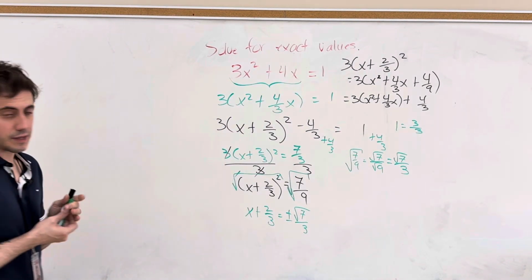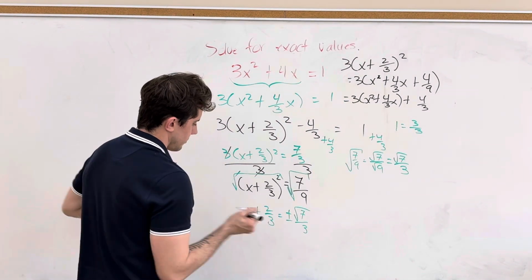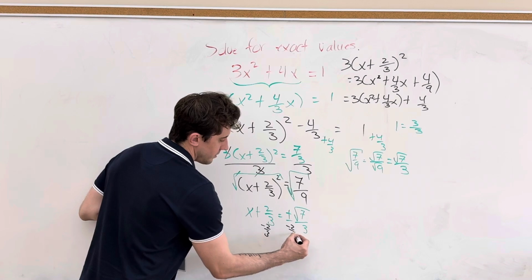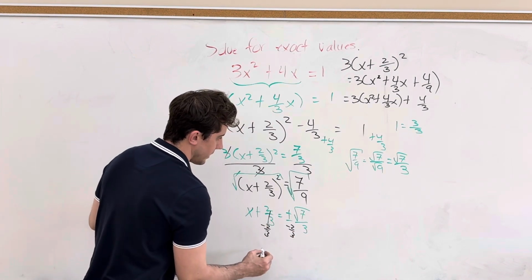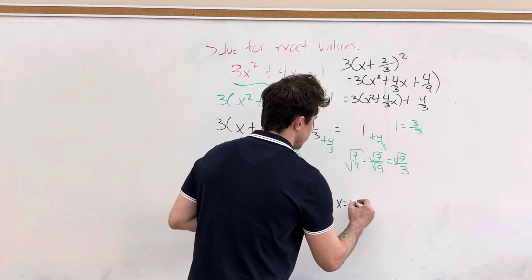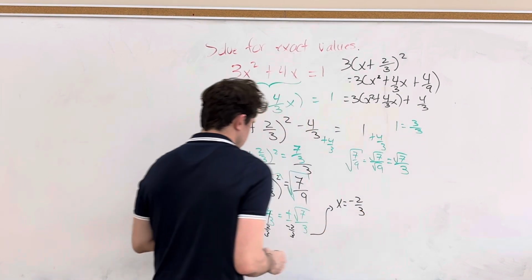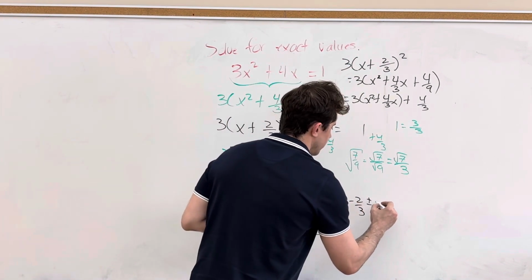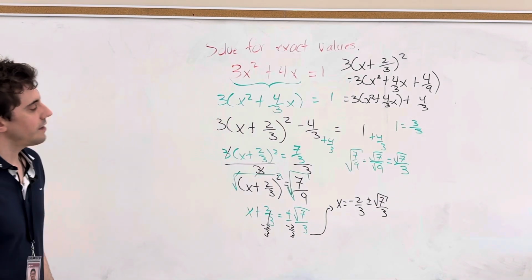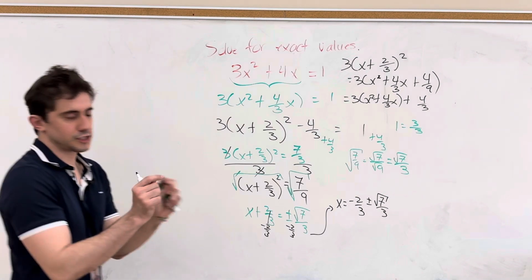And now you'll notice that we have a nice common denominator. And so let's isolate the x completely. Let's subtract 2/3 from both sides. And so we end up with, I'll write that over here, x is equal to negative 2/3 plus or minus root 7 over 3. And let's make it as easy as possible to punch into a calculator.